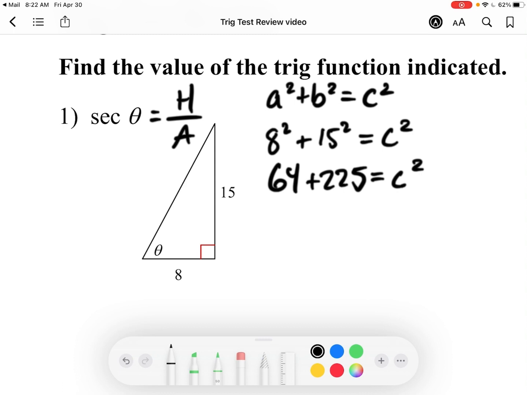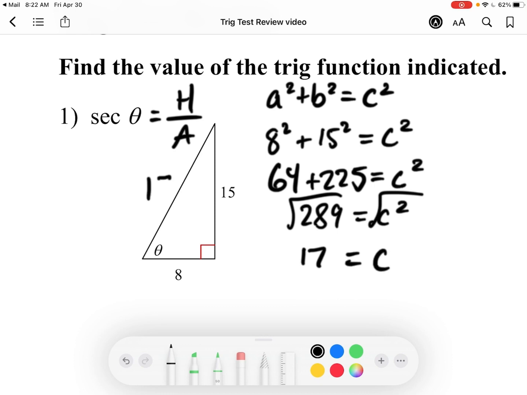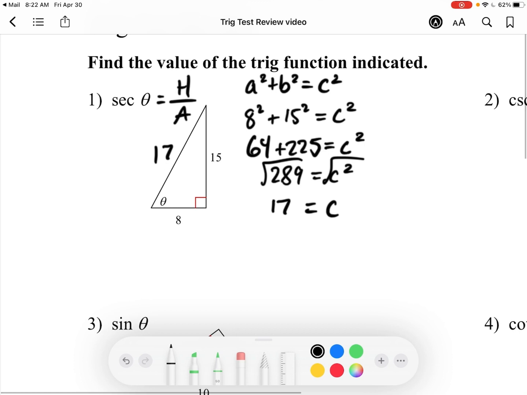So 64 plus 225 is going to give us 289. Now to solve for c, we take the square root of both sides, right? When we take the square root of 289, we get 17. You can do all this math on your calculator. So our hypotenuse is 17.